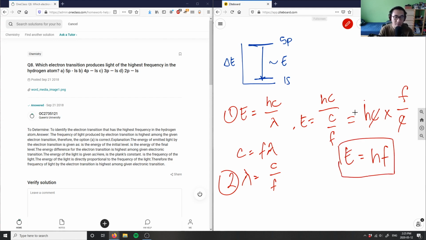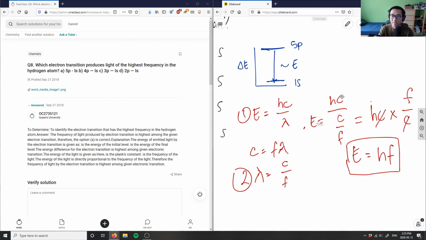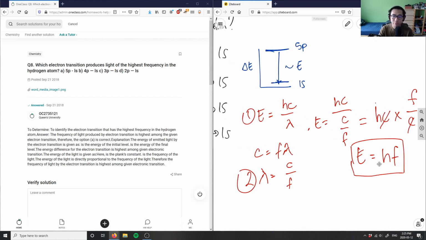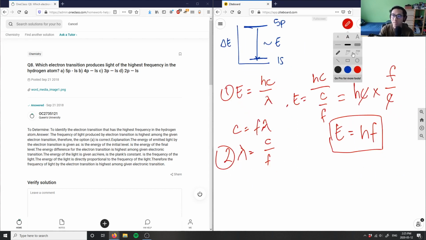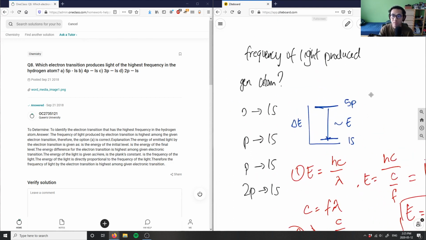This is a really good proportion, and really good to know. If energy equals Planck's constant times f, we know in conclusion that energy is proportional to our frequency of light that's being produced.